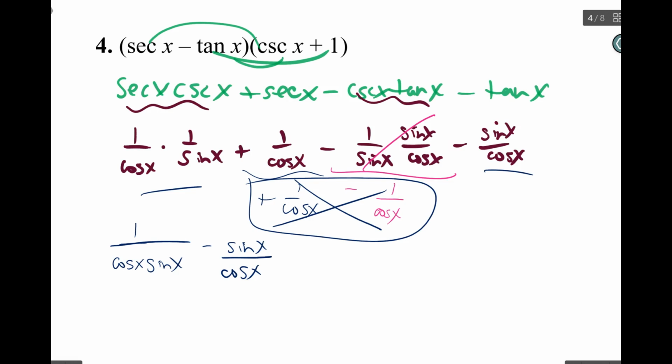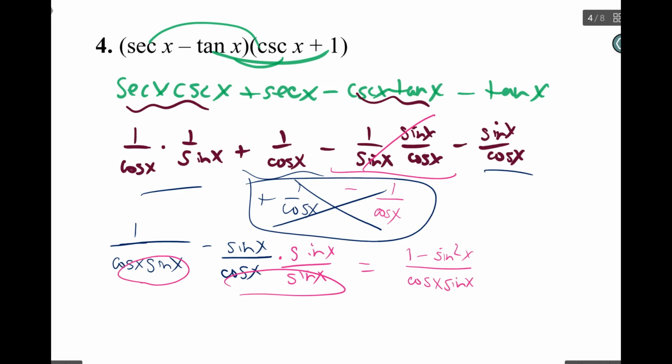Whew, alright, so we need to have a common denominator. Multiply by sine on top and bottom, because now I have the same denominator. So I have 1 minus sine squared x over cosine x sine x.